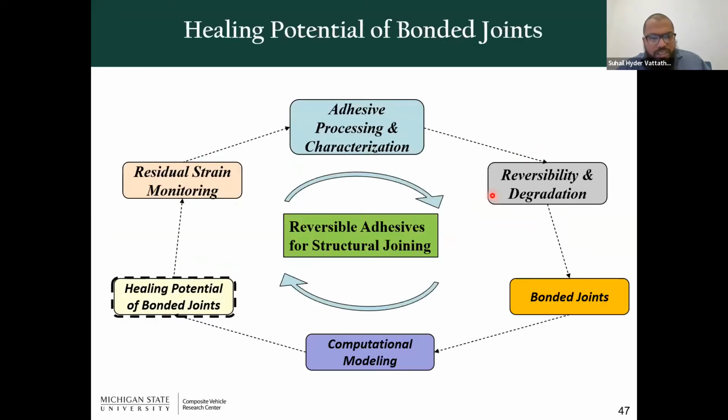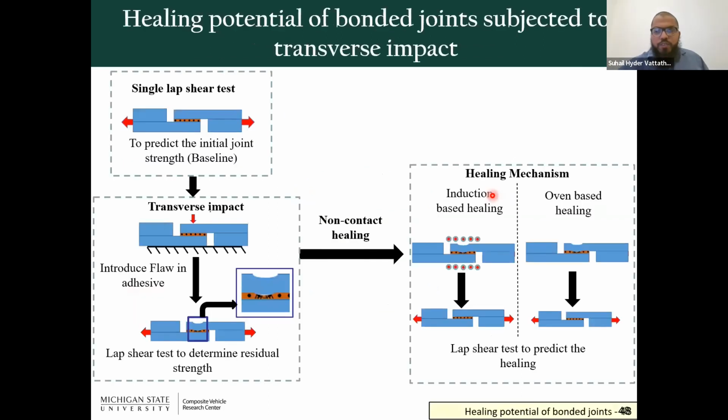The next study that we did with respect to this particular project was to find out the healing potential of the bonded joints. Now, if you think about bonded joints, as I discussed before, they can be subjected to different kinds of impacts or external loadings, and that will result in flaws or defects within the adhesive bond line, and it clearly manifests as a drop in structural efficiency.